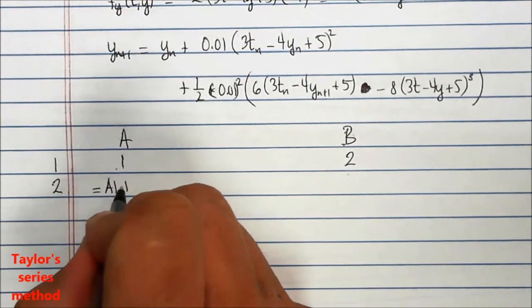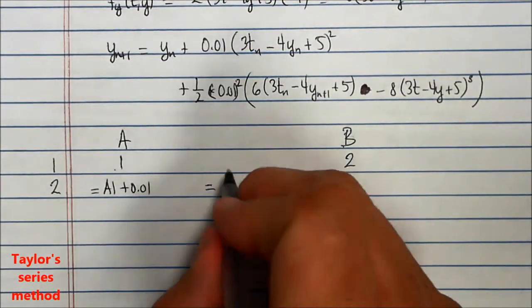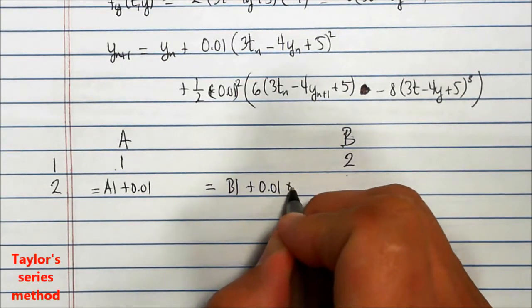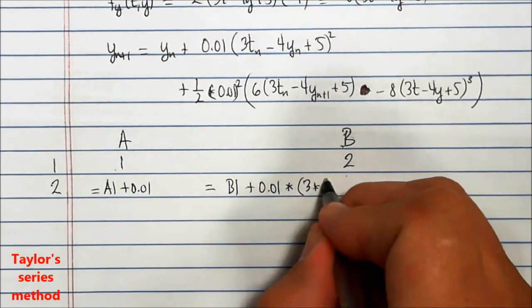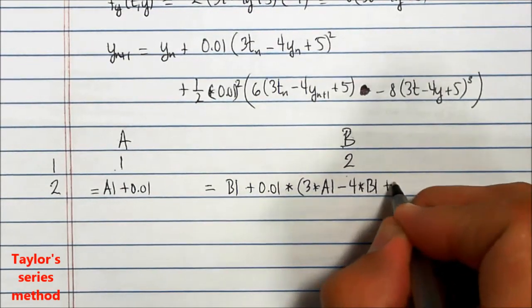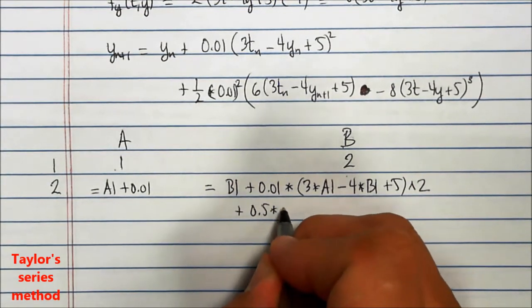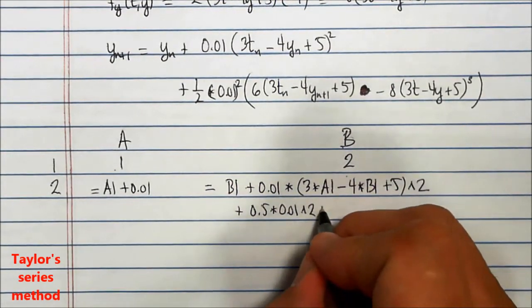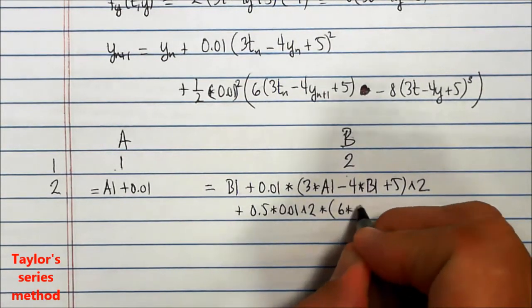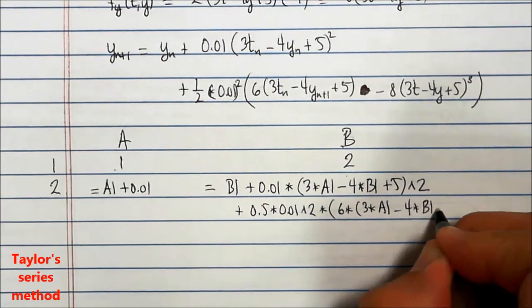I then step by 0.01 in time, and then the y-coordinate will be equal to the previous y-coordinate plus 0.01 times 3 times the previous t value minus 4 times the previous y value plus 5 squared plus 0.5 times 0.01 squared times this very large thing, which you'll have to write out: 6 times 3 times A1 minus 4 times B1 plus 5.